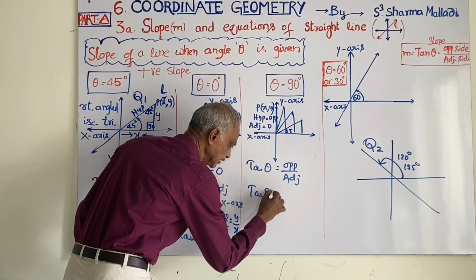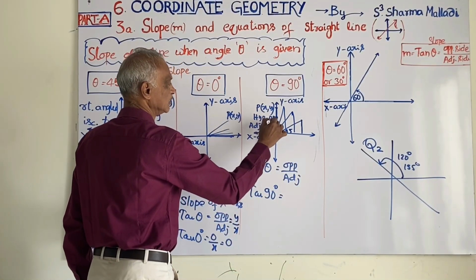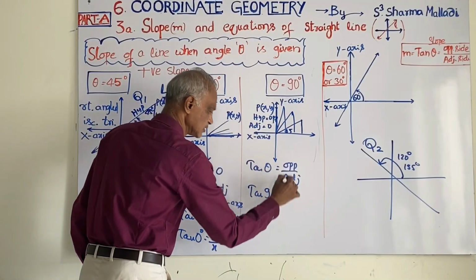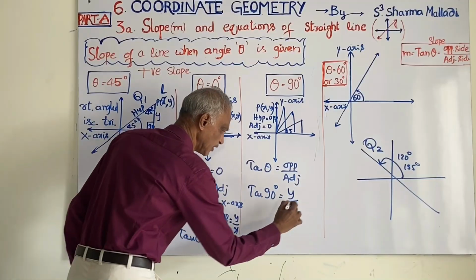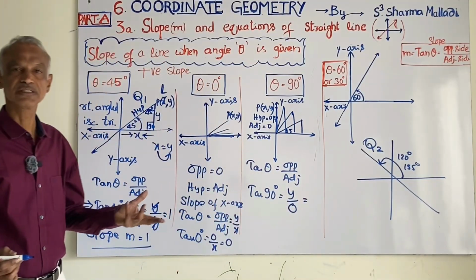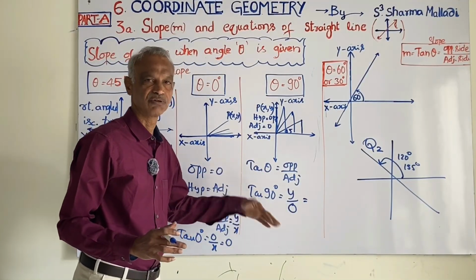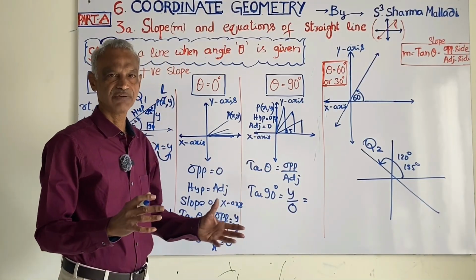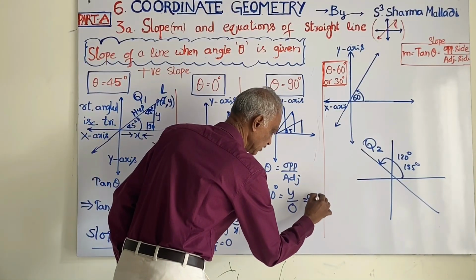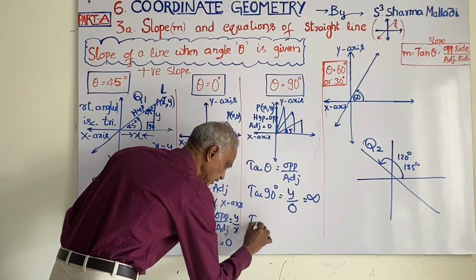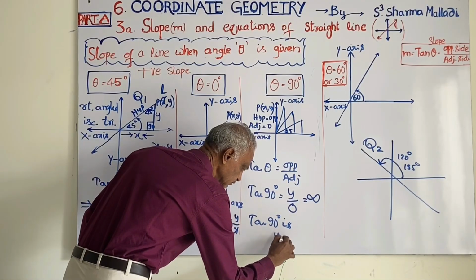Tan 90 degrees is equal to, what is the opposite side here? The opposite side is y and the adjacent side is 0. What is the value of tan 90? y by 0. Nobody can find the value of something by 0: 5 by 0, 2 by 0, 1 lakh by 0. That is undefined. You can write infinity, undefined. Tan 90: the slope of the line is undefined.